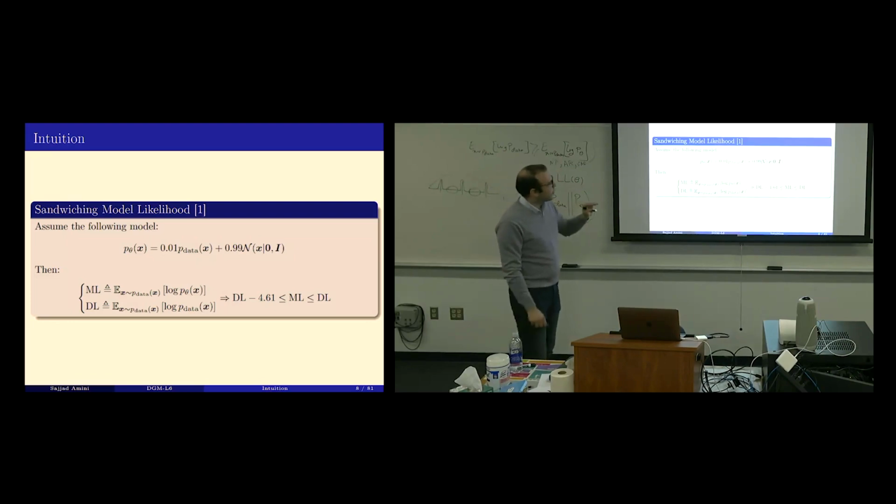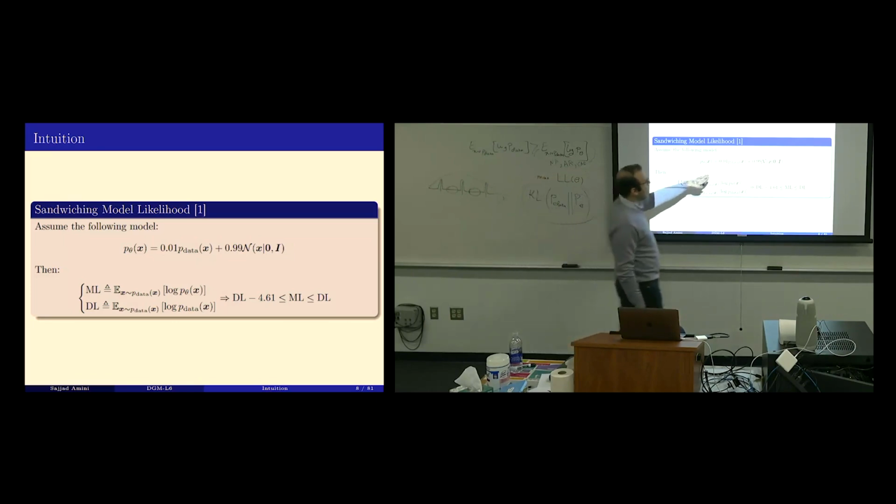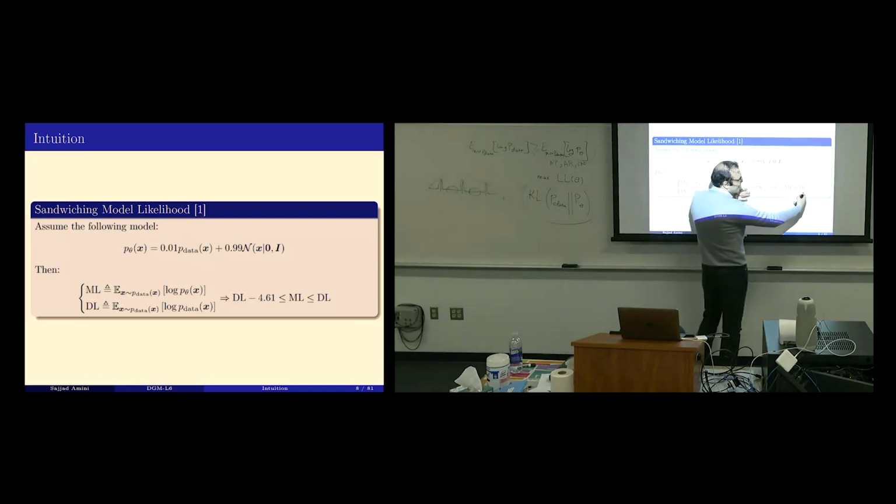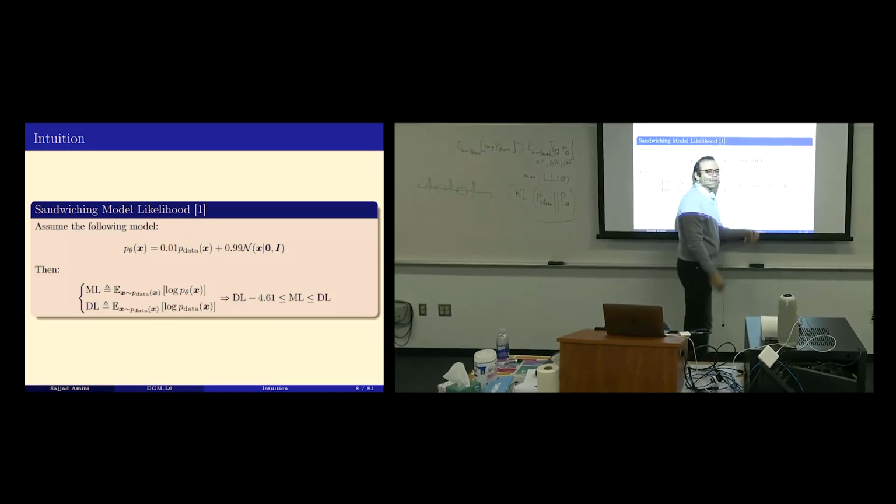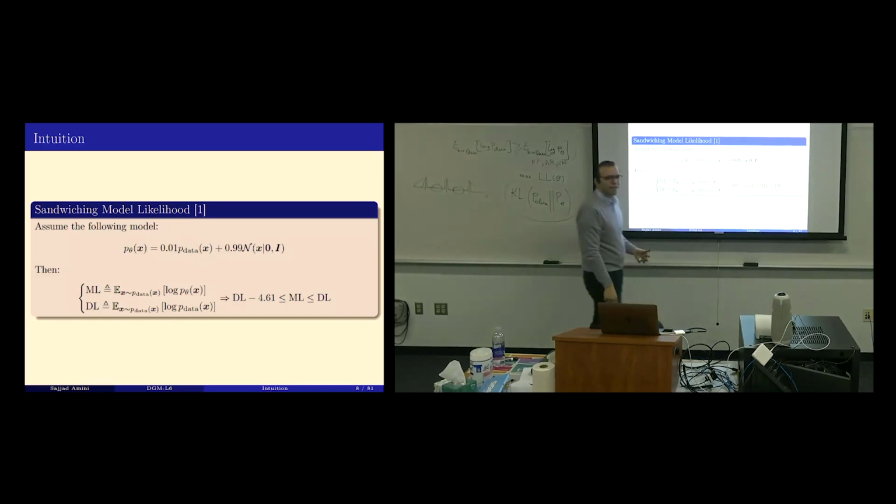Here we cannot even understand why this model has high likelihood. We know that it is sandwiched between these two numbers, okay? And if data likelihood is becoming larger and larger, the model likelihood is almost equal to data likelihood, okay?